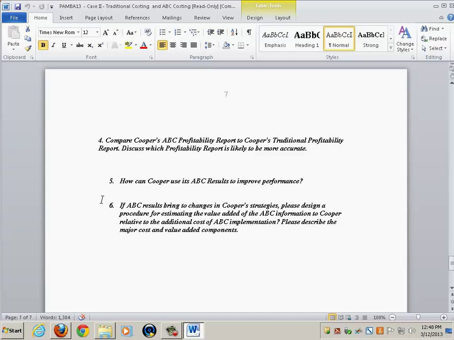What are the major categories of the value added of ABC compared to the major incremental cost categories of implementing this program? So you just specify how you build the structure of a good cost-benefit analysis for ABC.